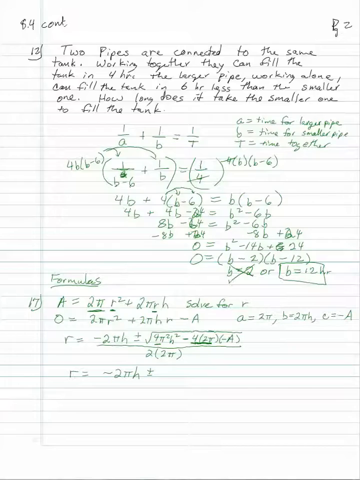I can factor out a 4 from both of these: pi squared h squared minus, a minus becomes plus, 2 pi A, all over 4 pi, and then I can factor this 4 out. A 4 on the inside makes a 2 on the outside.